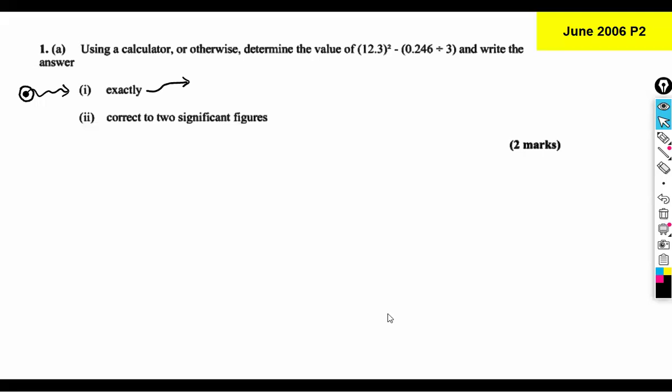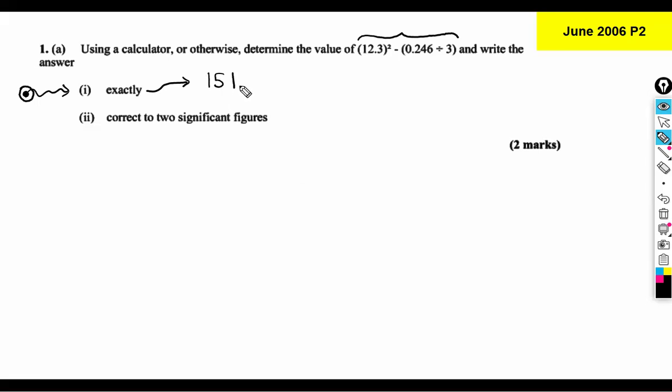Let's work out the first one. (12.3) squared minus 0.246 divided by 3, close brackets. It was just a matter of writing this and typing it exactly on your calculator, right?